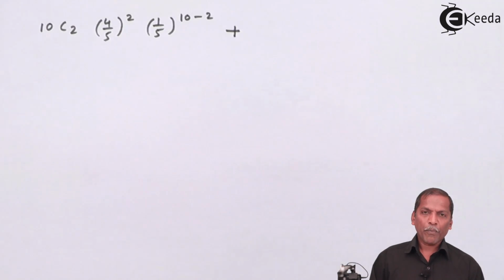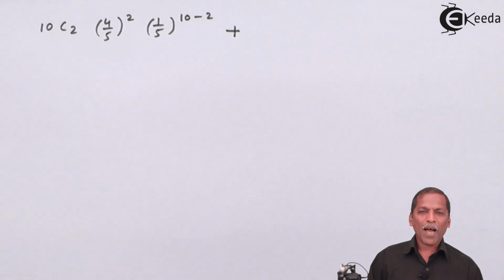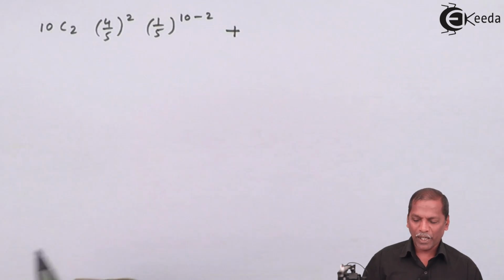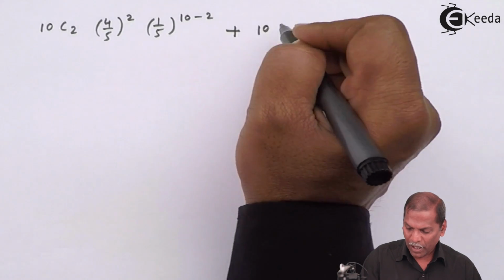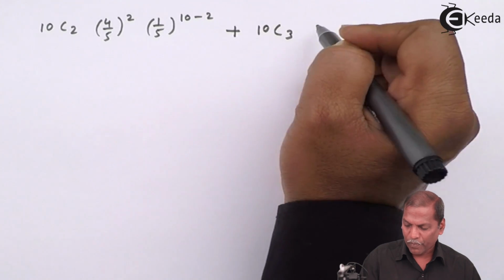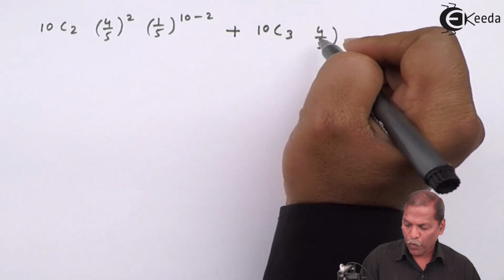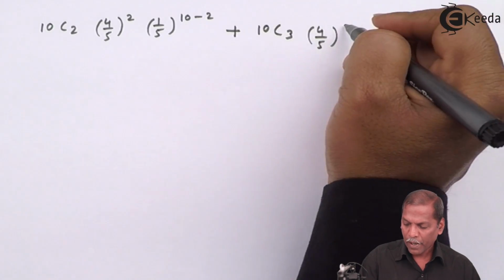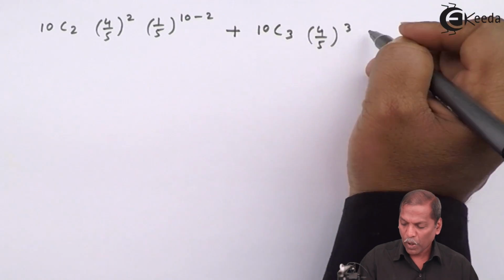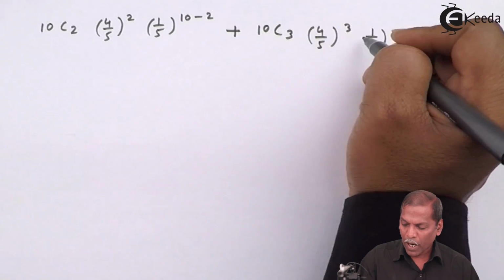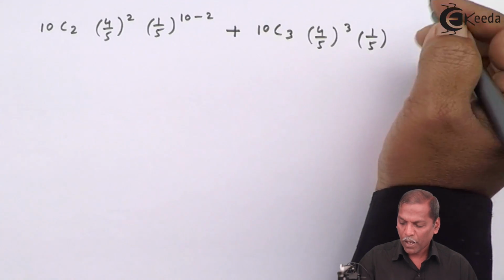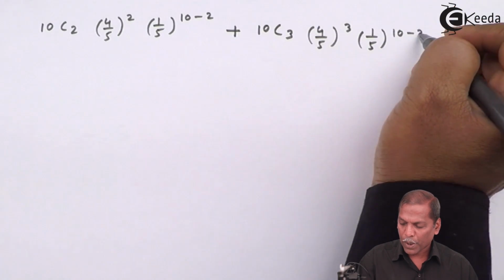And finally, plus we find probability x equal to 3. That is 10C3 into 4 upon 5 raised to 3 into 1 upon 5 raised to 10 minus 3.